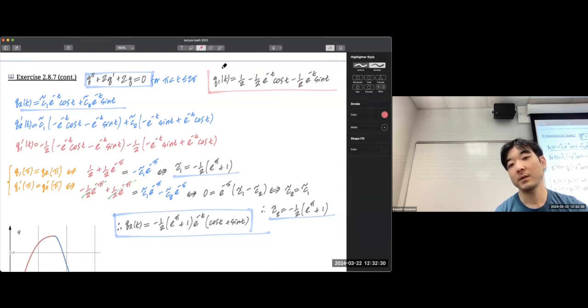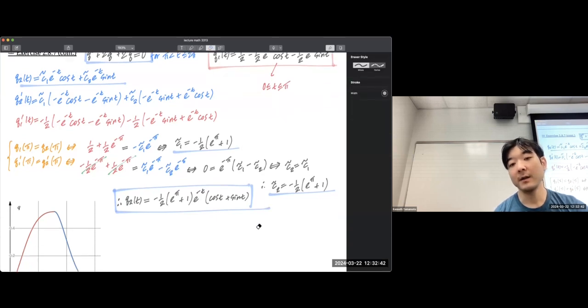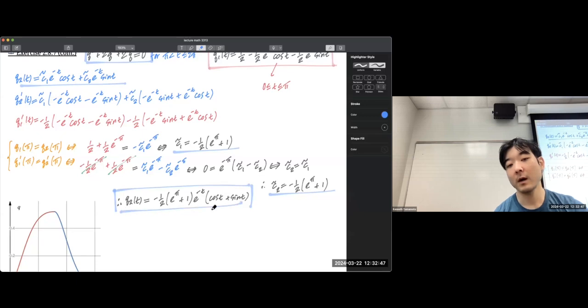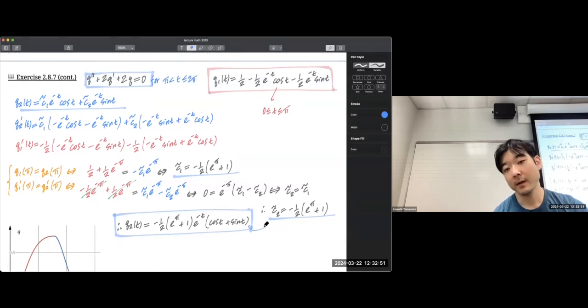So this is for t between 0 and pi, when it shorts out at pi. This one will be for t greater than pi, and then keeps going up to 2 pi.